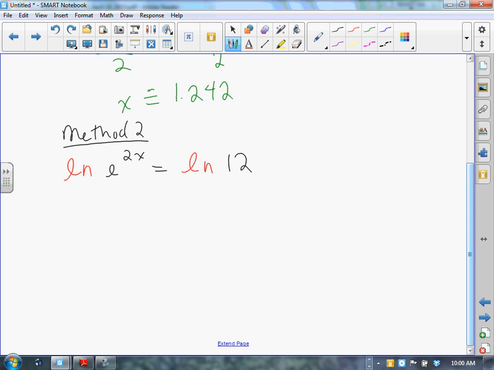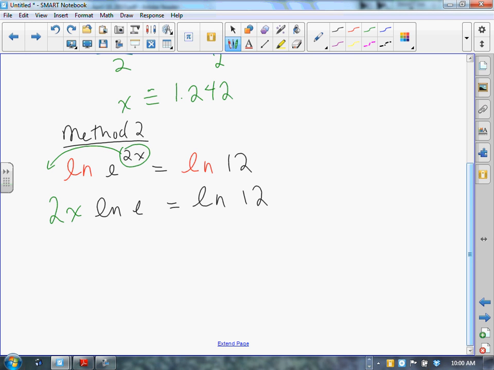What is it that we would do with this here to use the power rule? Going off your knowledge and understanding of that rule. Yeah, according to that rule, it became the coefficient. So we have 2x by the natural log of e, which is equal to ln 12.